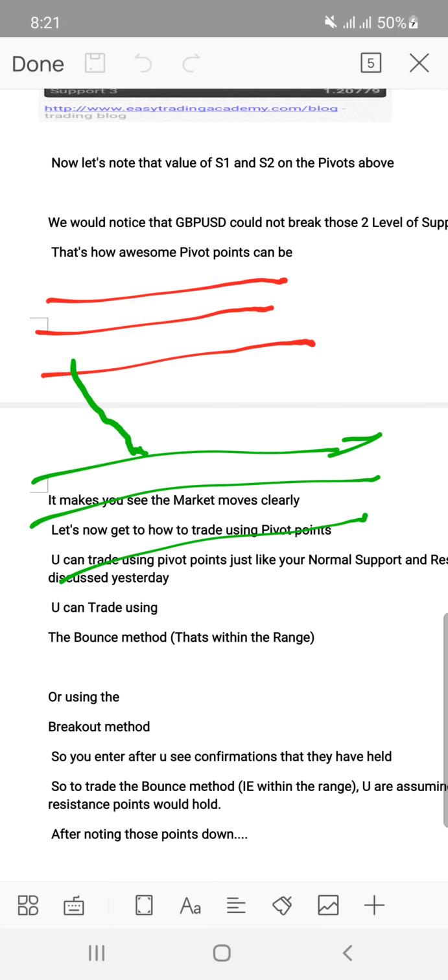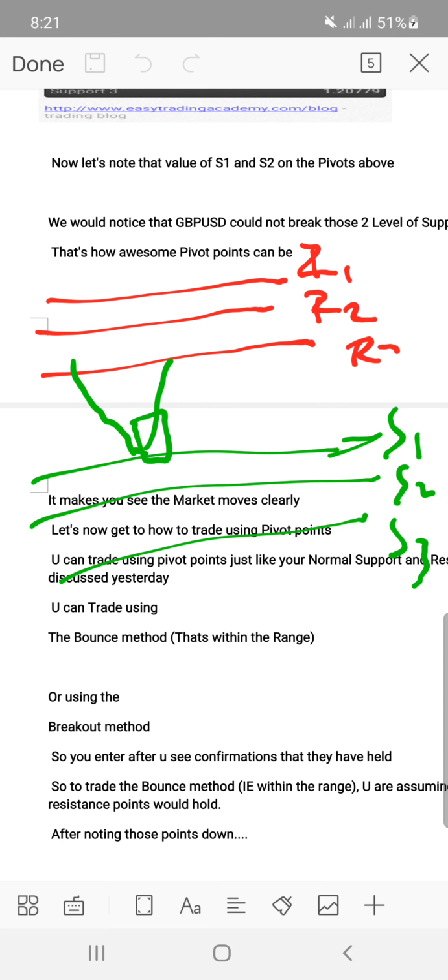Remember, I said you can either set pending orders at those points, so that immediately the market reaches them it changes direction, or you can wait for a candlestick confirmation to form at those points before executing your trade. So we have marked out the points of interest: S1, S2, S3, and R1, R2, R3.